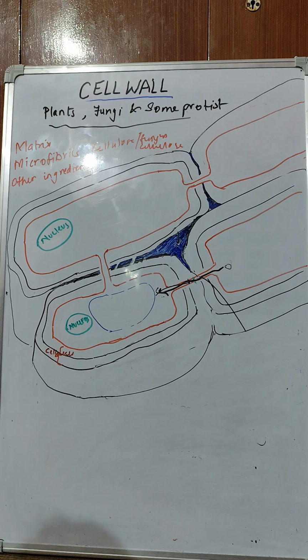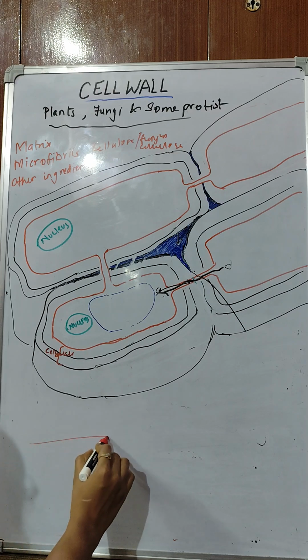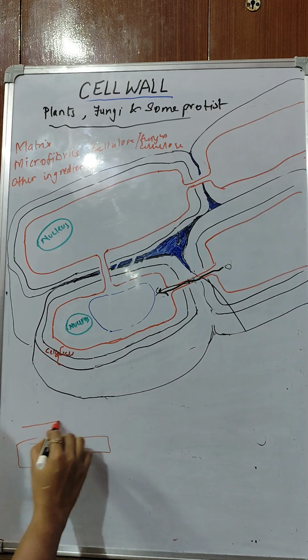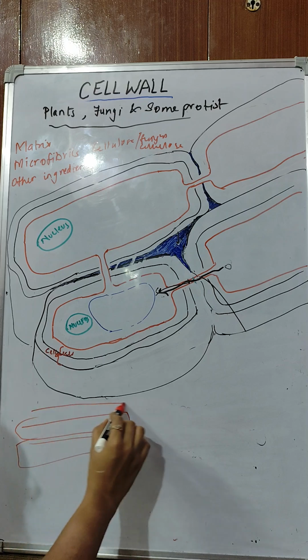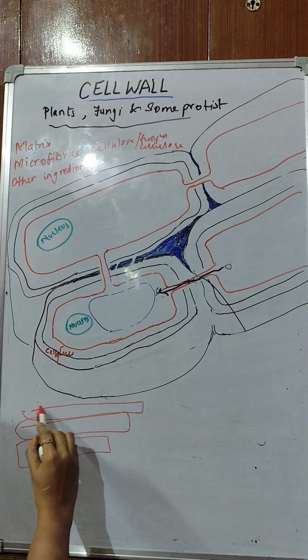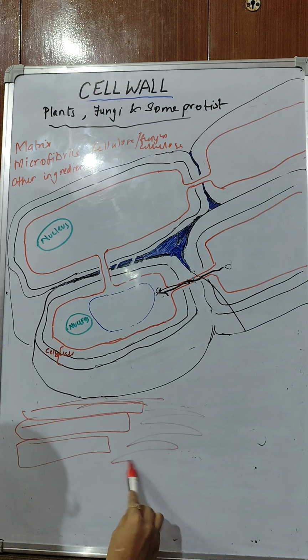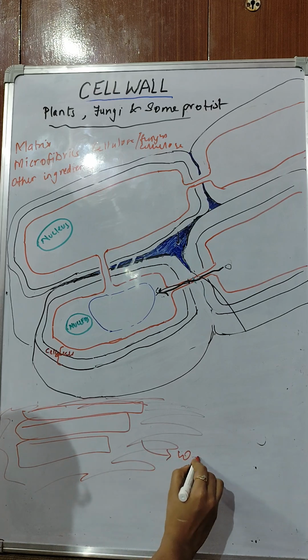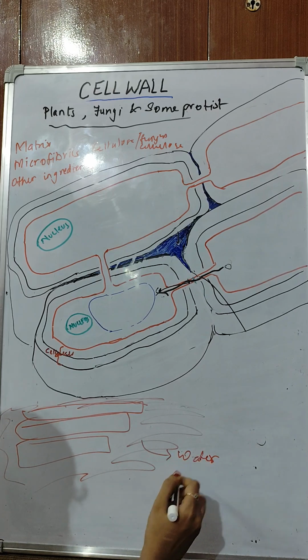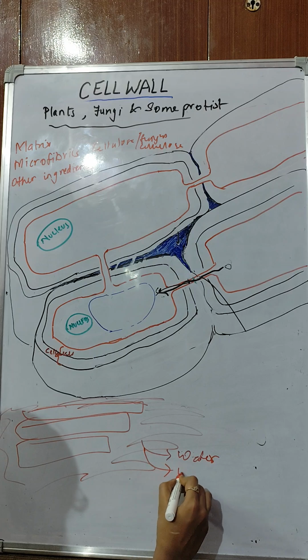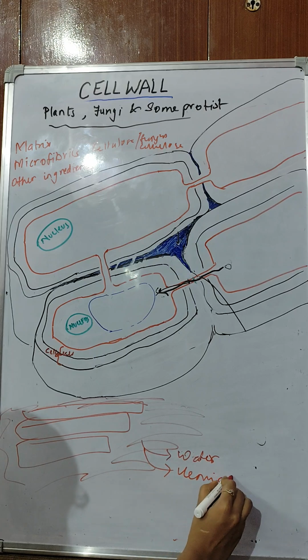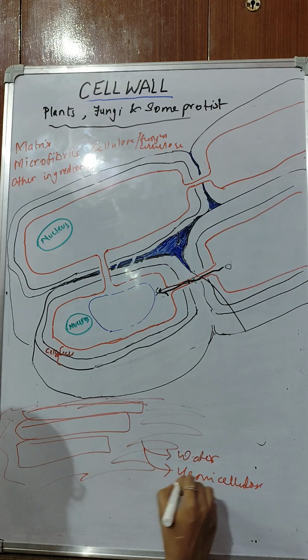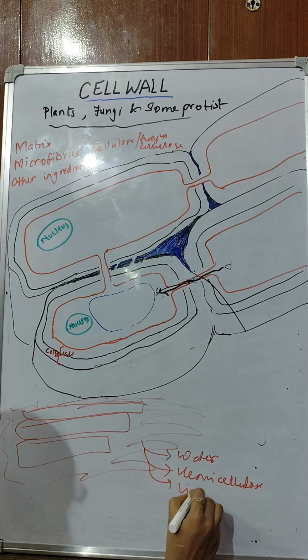So this cellulose in fibril form, in microfibril form, is present like this, oriented, and this microfibril is present in a matrix, and that matrix is composed of water, hemicellulose, lipid and protein.